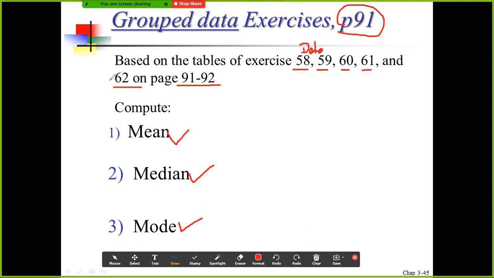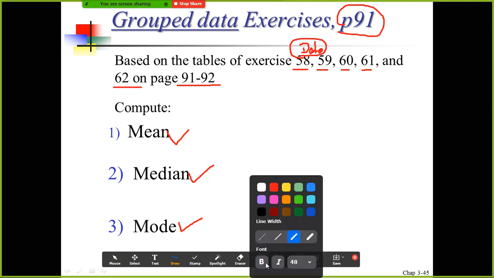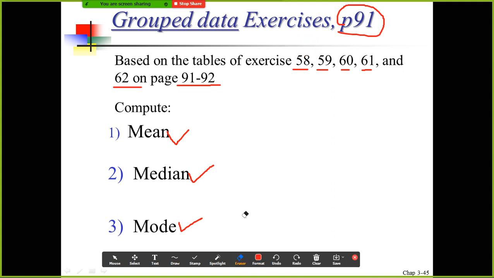From this exercise, you choose only the data. The data from this exercise should be frequency distribution tables.